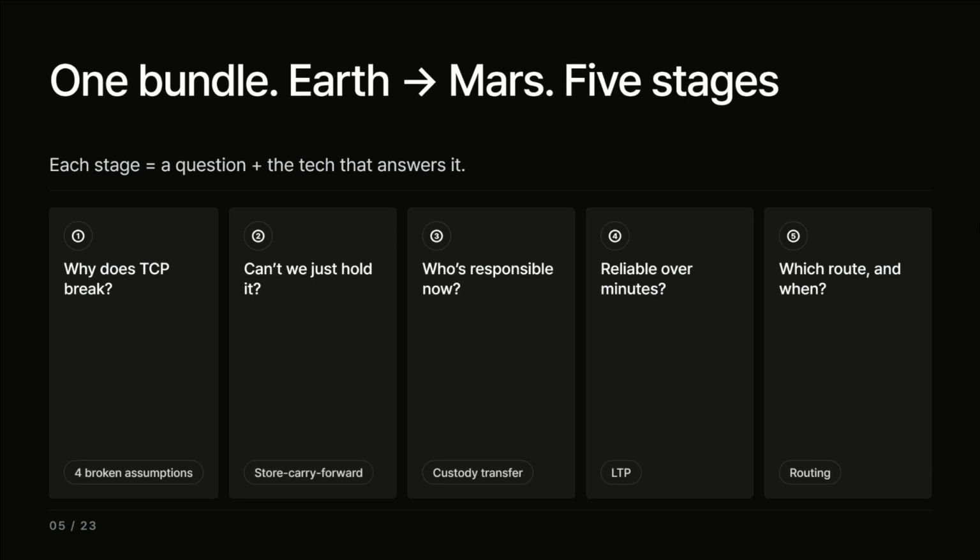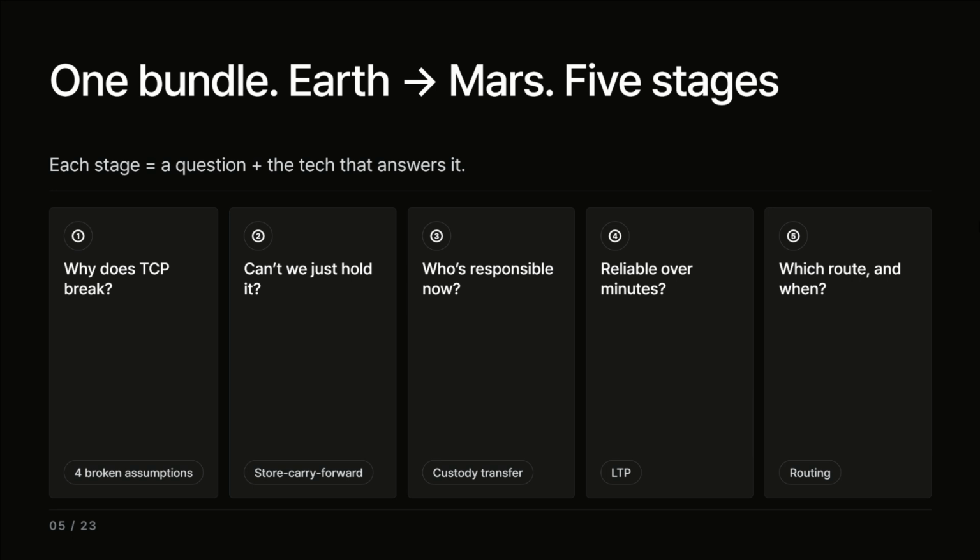To understand DTN, we're going to follow a single bundle traveling from Earth to Mars. We divide the journey into 5 stages. Each stage asks a question and introduces a technology that answers it. First, why does TCP break? Second, if the connection disappears, can't we just hold the data?